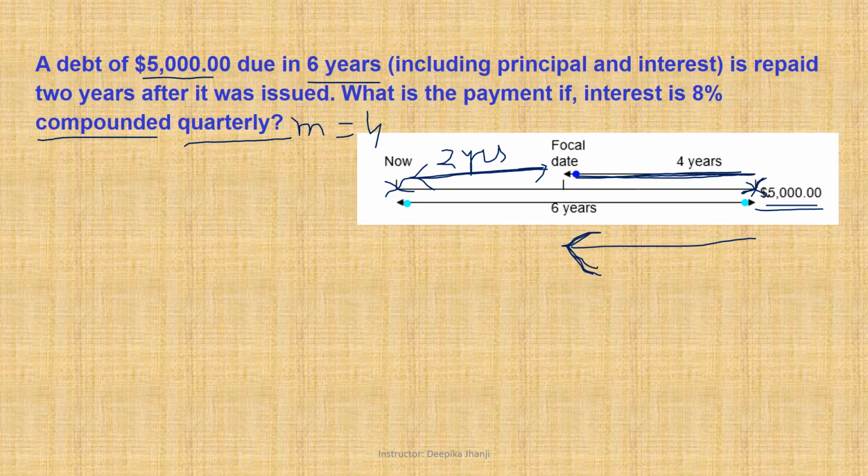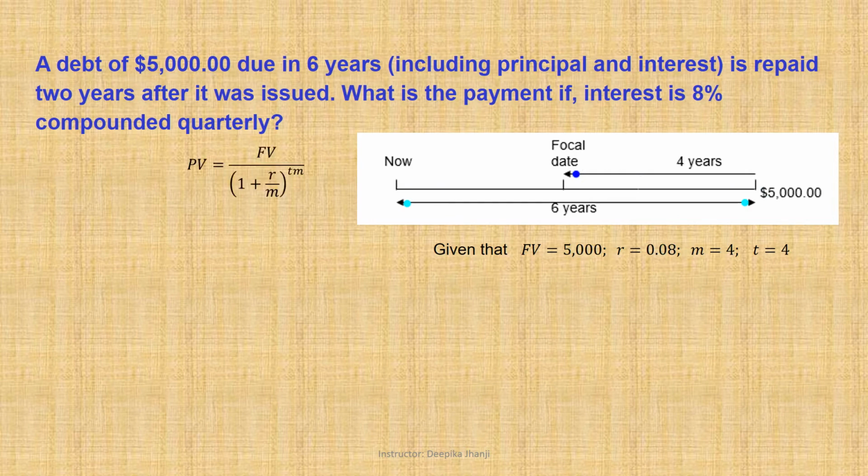And for any advance payments or early payments, we calculate PV. So we'll use the present value formula of compound interest to calculate the amount. So this is the information we have. Now using the PV formula, plug in all the values.